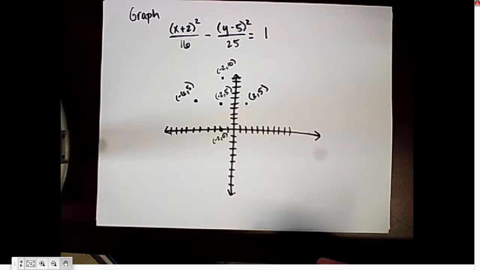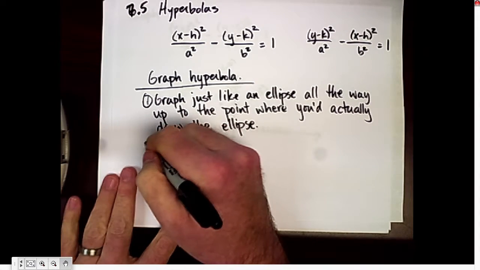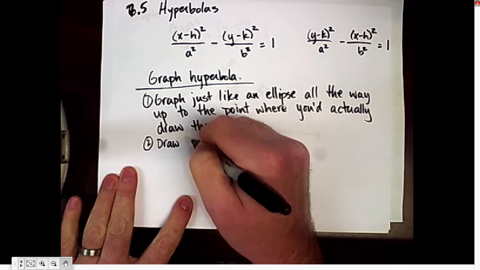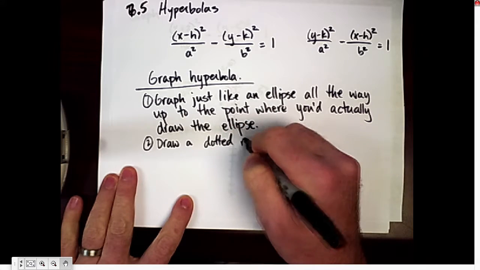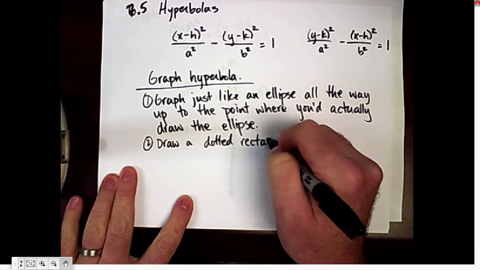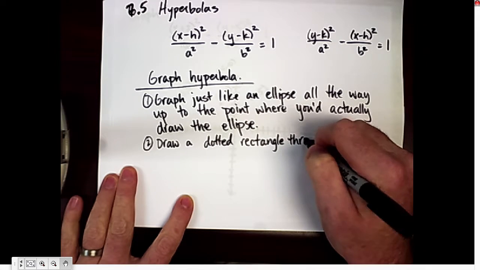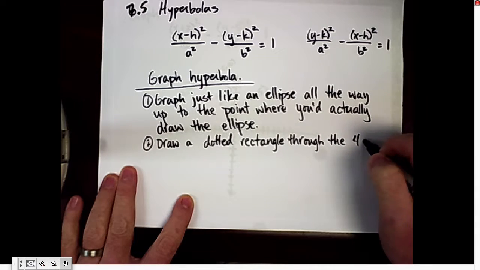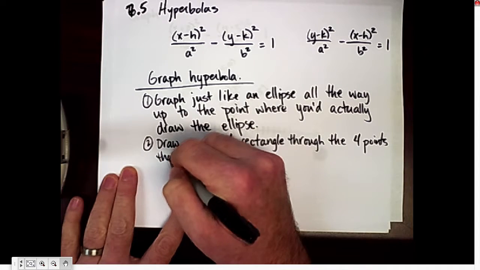Since it's a hyperbola, though, instead of drawing an ellipse, draw a dotted rectangle through the 4 points that would be on the ellipse.